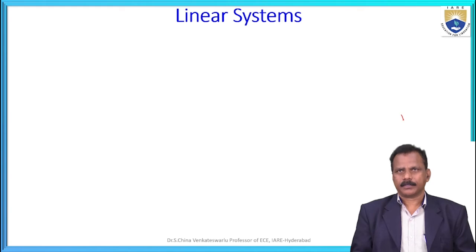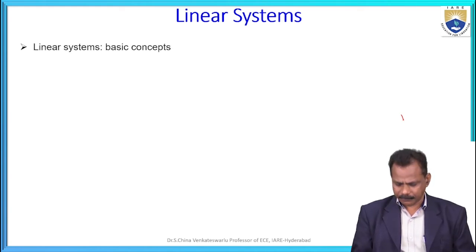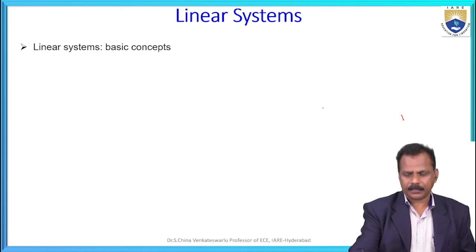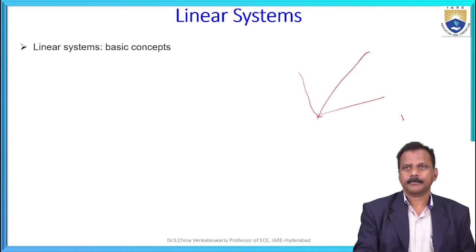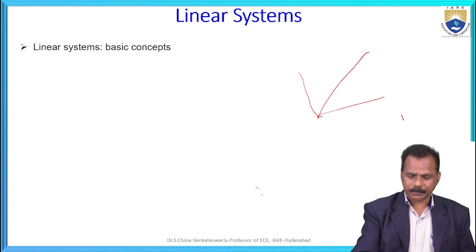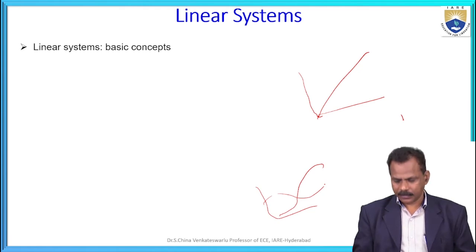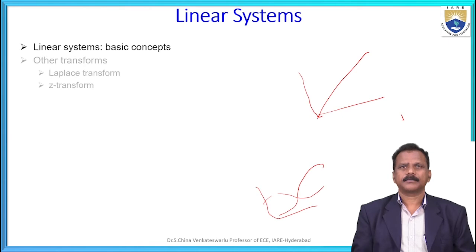Next, come to the linear system. As a basic concept, in a linear system we expect that all responses should be linear, while some output responses may require non-linear. The basic concepts here involve the Laplace transform and Z transforms.